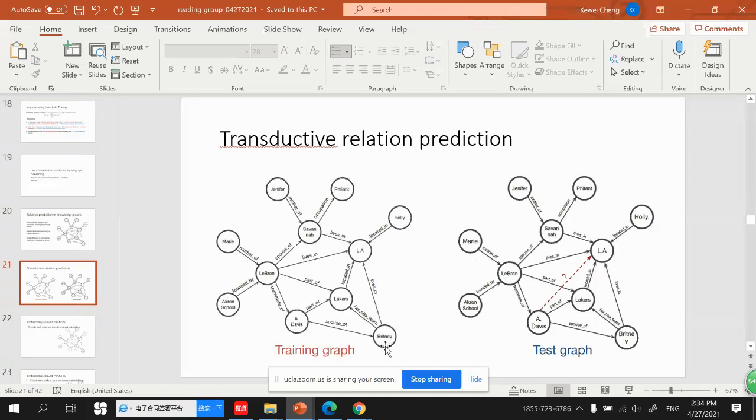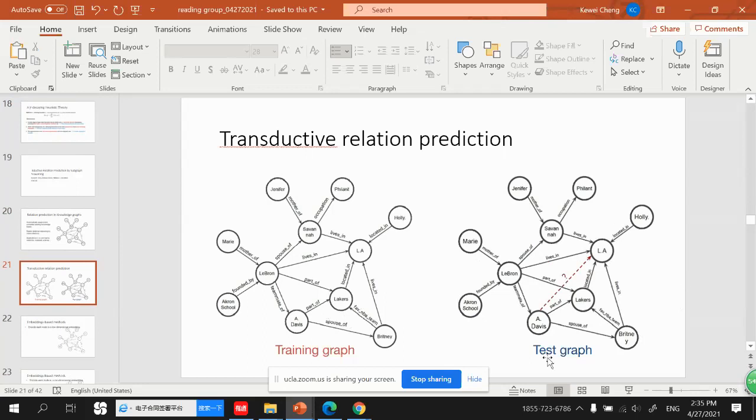This knowledge graph can be regarded as the training graph. And then with this training graph, in the transductive setting, we are trying to predict the missing links in this training graph in order to complete the knowledge graph.